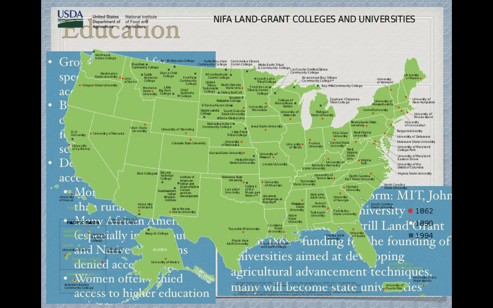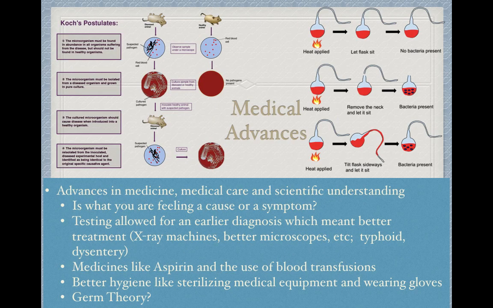So the Ohio State, for example, the University of Tennessee, all the red dots are the ones founded in 1862, the white stars 1890, and there are even some funded in 1994. So a lot of what we consider to be state schools are founded for the purpose of advancing agriculture.